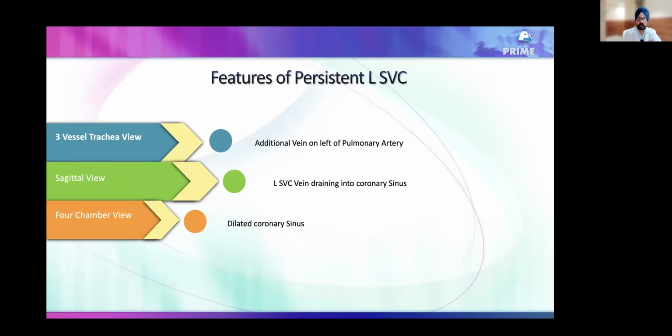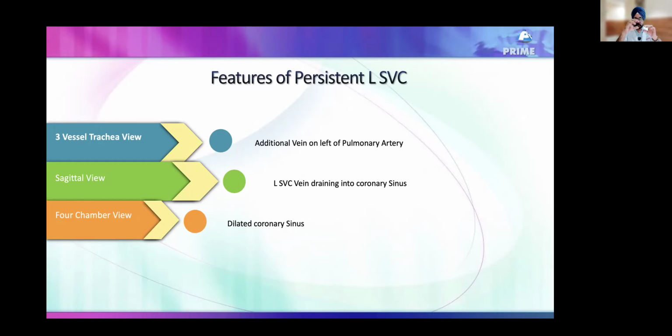The left SVC on a three-vessel trachea view is posterior to the right-sided superior vena cava. Normally, you see the aorta, and the superior vena cava is close to its anterior aspect, because the superior vena cava goes anteriorly to enter the right atrium, while the left superior vena cava is posterior.